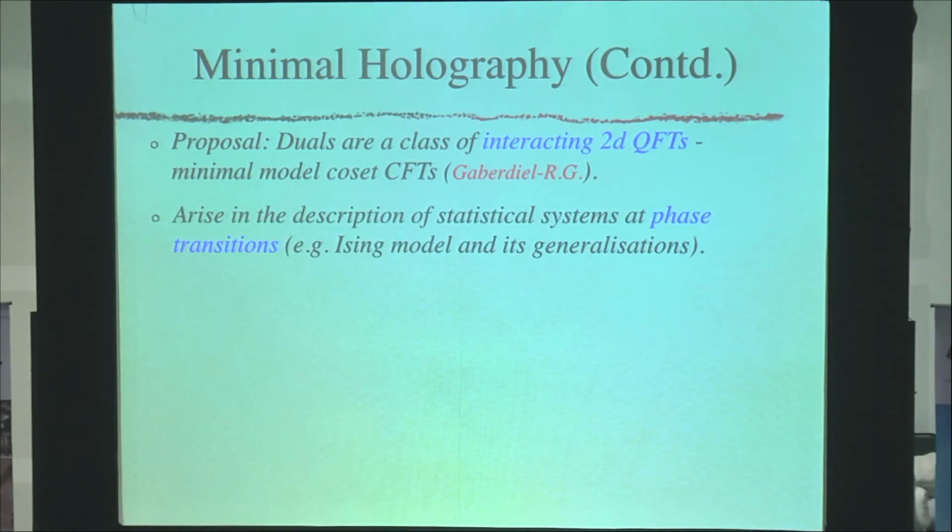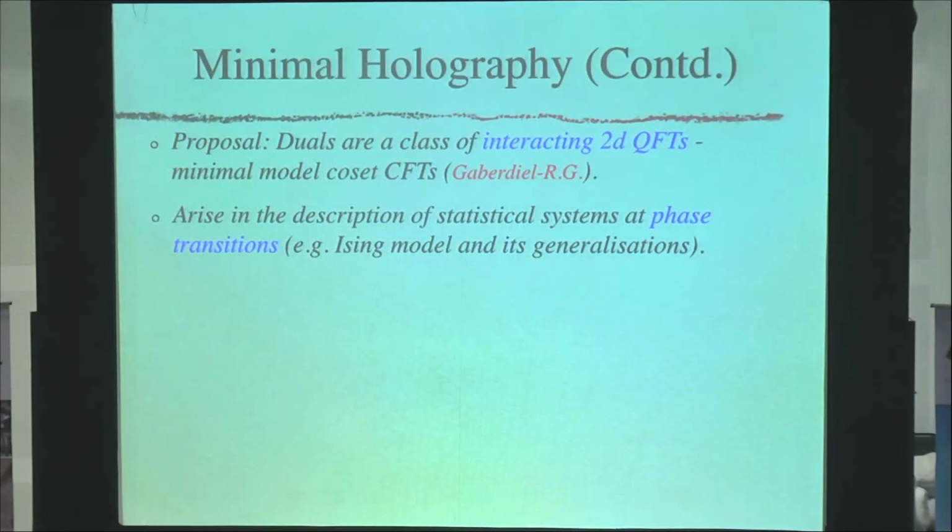They are the so-called minimal model coset CFTs for the experts, but these are models which describe statistical mechanical systems at phase transitions. Example, the two-dimensional Ising model, for instance, and its generalization. So the class of two-dimensional quantum field theories that are being conjectured as dual to these Vasiliev theories are a very familiar set of quantum field theories.